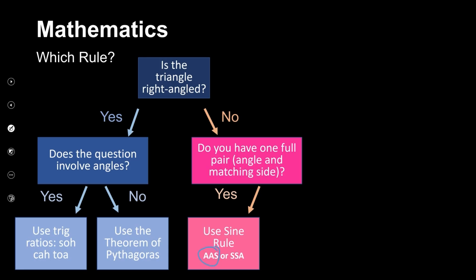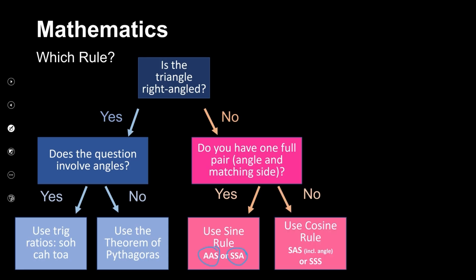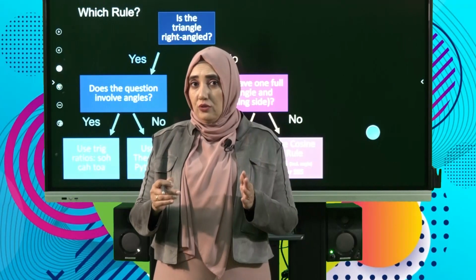So we either have angle side or side angle, remember not the included angle. But if we don't have one full pair, then we've got to use the cos rule. And again, cos rule, side angle side or side side side.